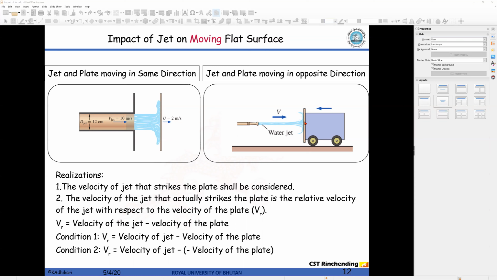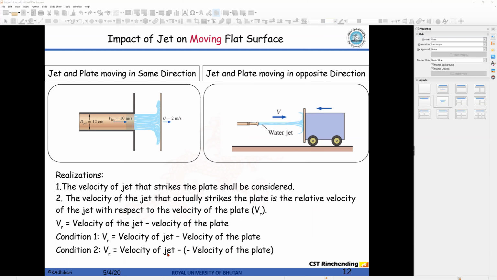In the next condition, the plate is moving in the opposite direction. So here the relative velocity is given by the velocity of the jet minus, and here one more minus is required because this plate is moving in the opposite direction. In this direction we always consider negative. So the direction of this plate is negative, so minus the velocity of the plate.